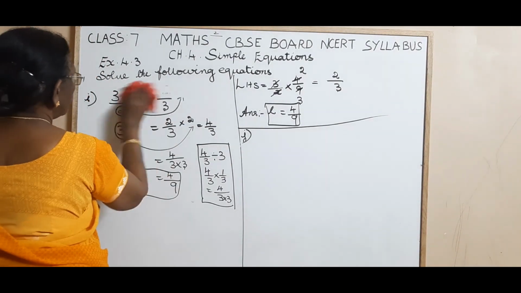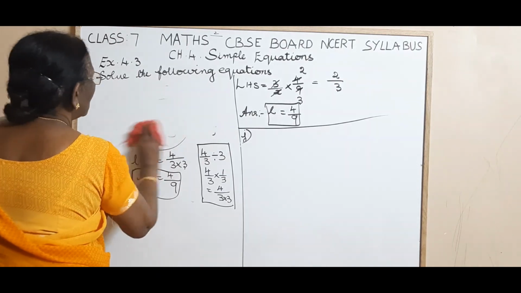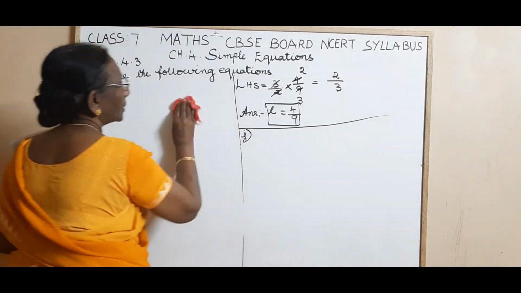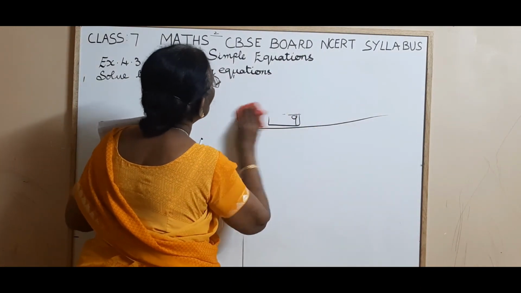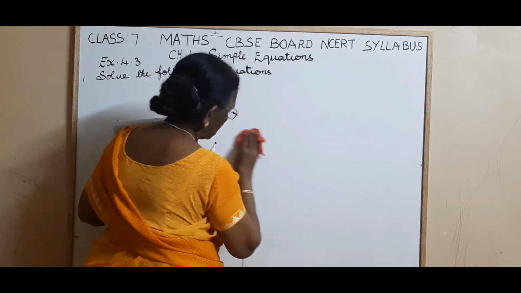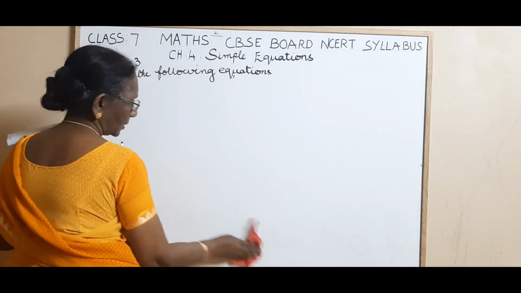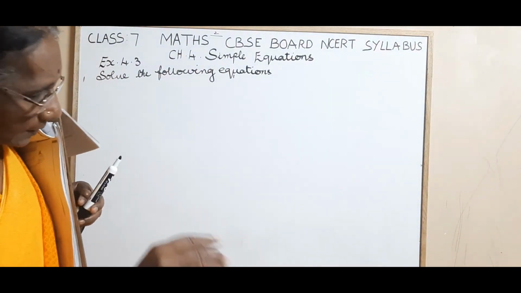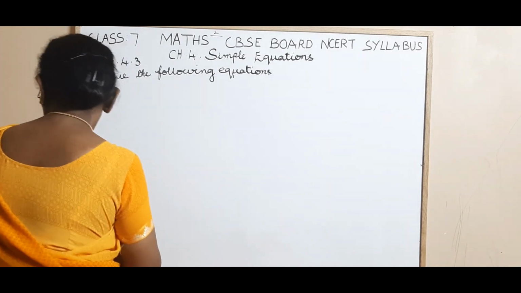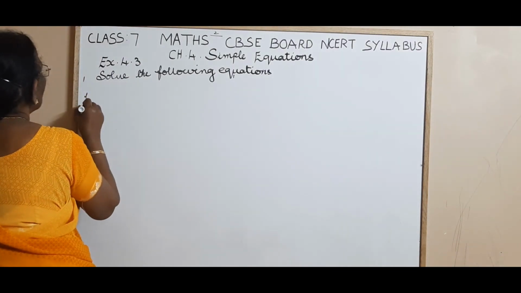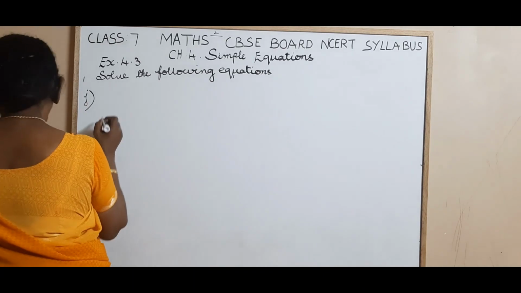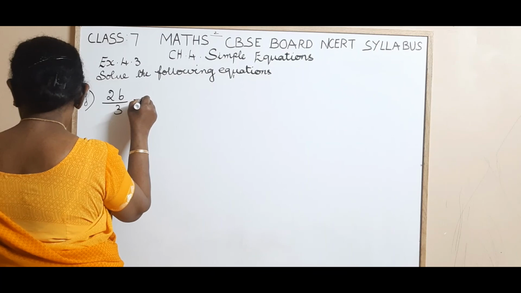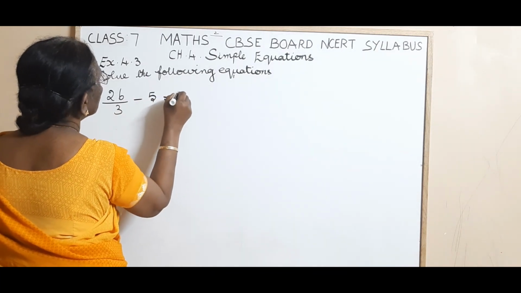So somewhat big sum. J sum: 2b by 3 minus 5 is equal to 3.